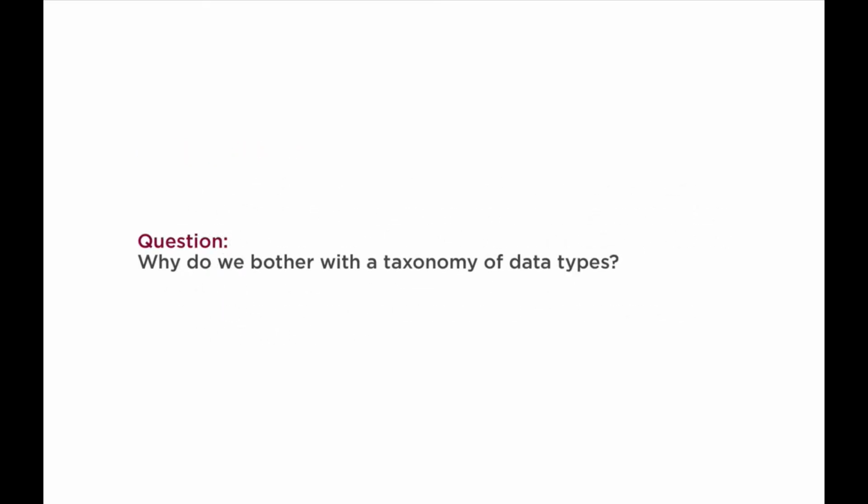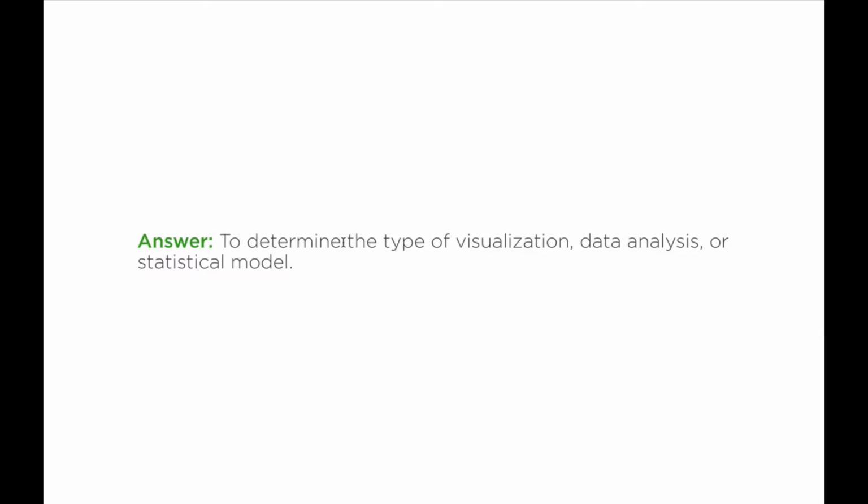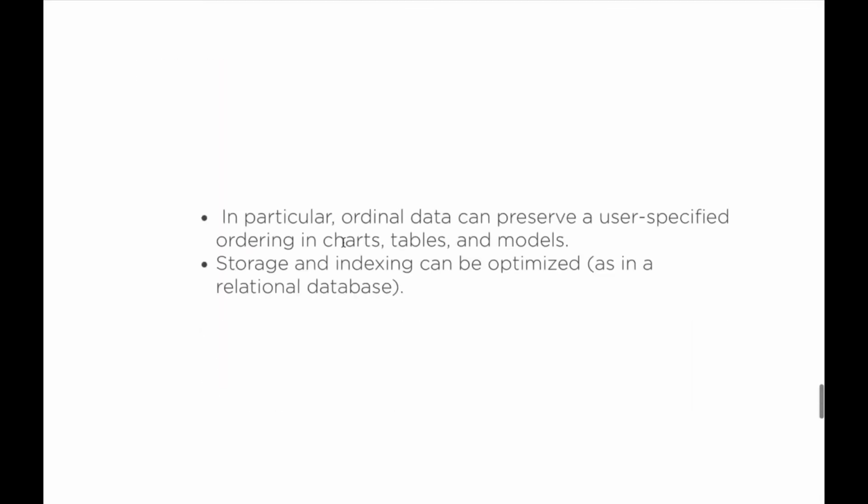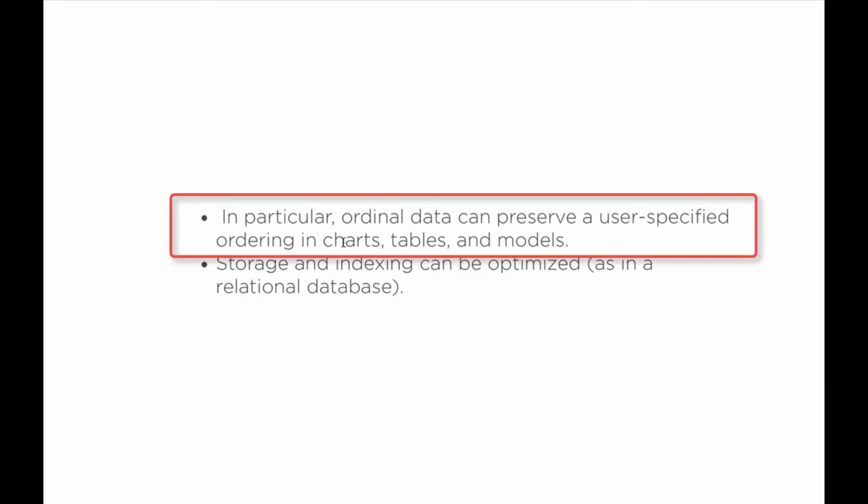So the question to you would be, why do we bother with the taxonomy of data types? The answer is very simple. We need to determine the type of visualization, data analysis, or statistical model, which will be based on different types of our data. The second question to you is, why do we need categorical and ordinal data, which is a subset of categorical? One of the answers is that ordinal data preserves the user-specified ordering in charts, tables, and models.